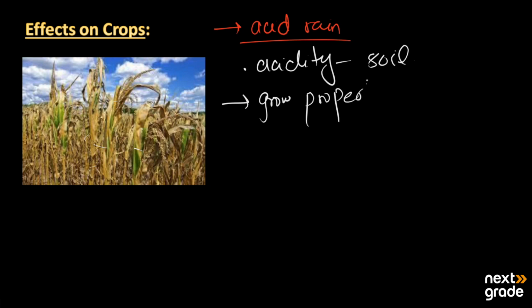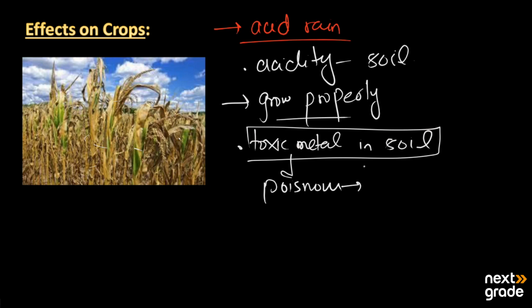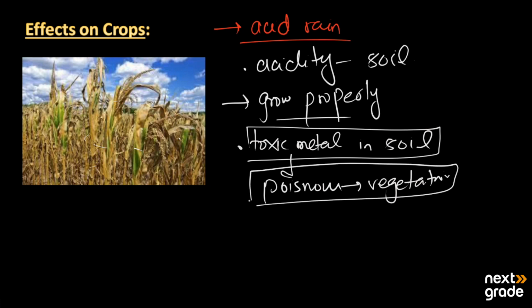When they cannot grow properly in such a soil, in turn it increases the toxic metals in the soil. When there are more toxic metals in the soil, these metals are poisonous to the vegetation, and there is no production of more vegetables and fruits as well.